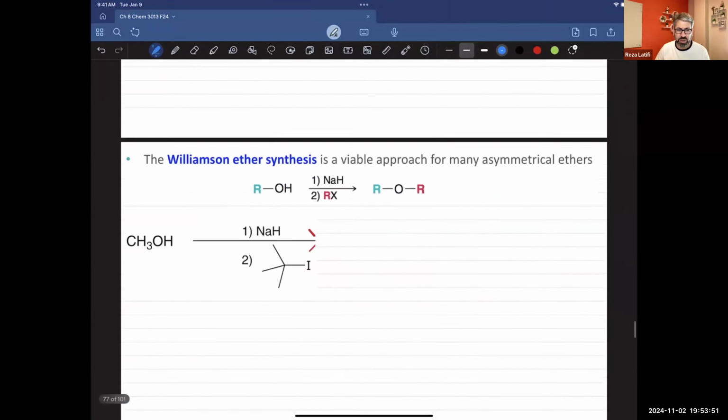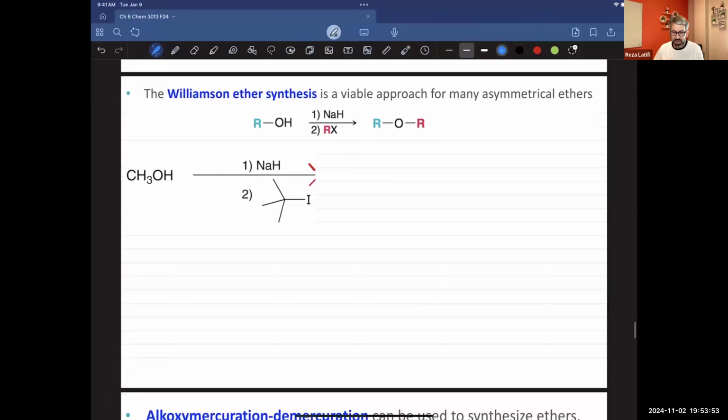Now, what will happen if I switch their position? I said that we might get elimination because the higher the steric effect we have, the less chance to get SN2 reaction or SN2 products. So the first step of this reaction, the H minus is going to react with the alcohol.